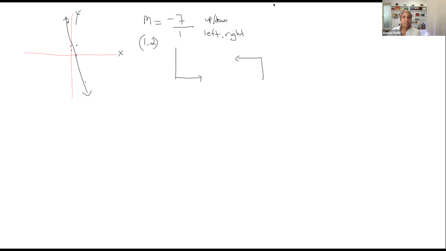Okay, let's graph another one. Y equals -2x plus 2.